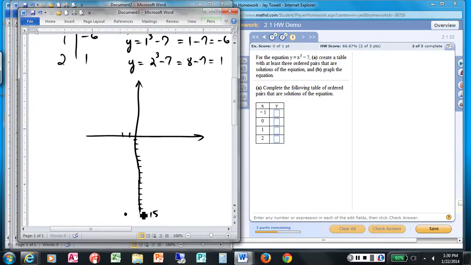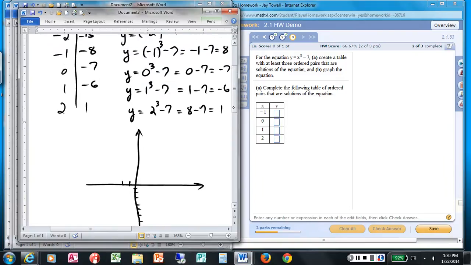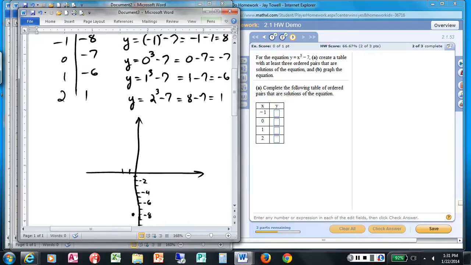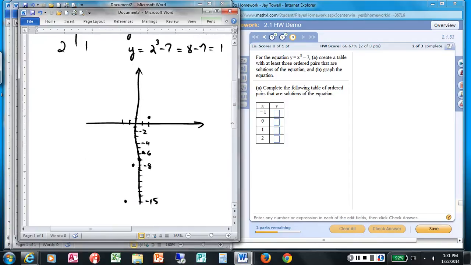So -2, -15. We've got -1 is -8. So there's -2, -4, -6, -8. So at -1, I'm at -8. What is it? 0, -7. Right there. 1, -6. Should be right there. And then 2, only +1 I had. All right. So if we connect the dots here, we get a little bit of a curve like this.